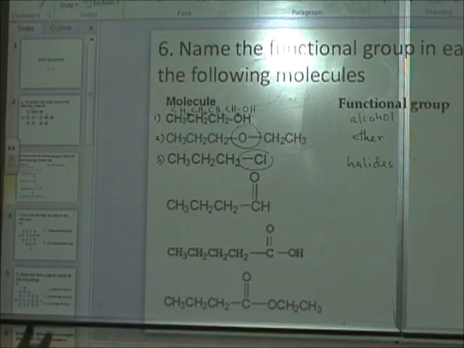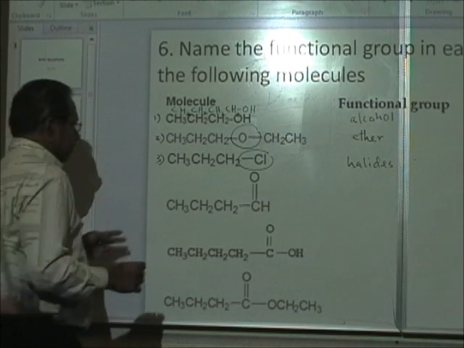It could be a methyl halide, where methyl is the CH3 group, or an alkyl halide. Alkyl is a generic name for a group derived from a hydrocarbon when you remove a hydrogen.